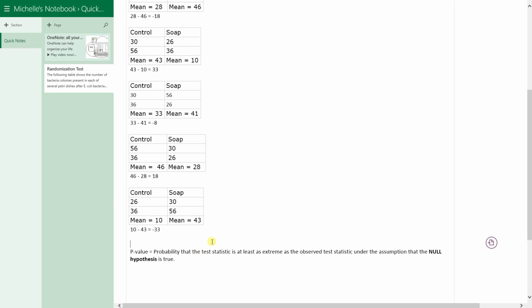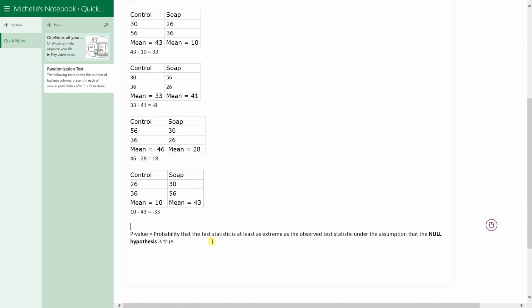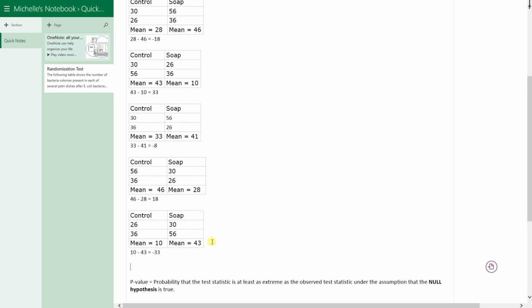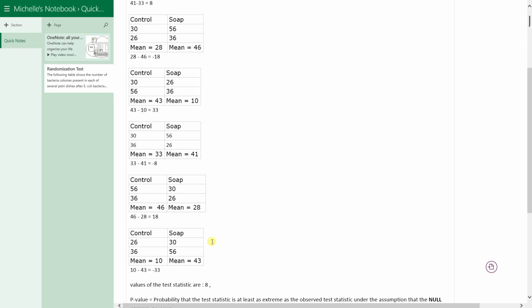Okay, and then what we came up with is a distribution for the test statistic under the null hypothesis. The values that the test statistic can take are, so the observed value was 8, right? And then negative 18, 33, negative 8, 18, and negative 33.